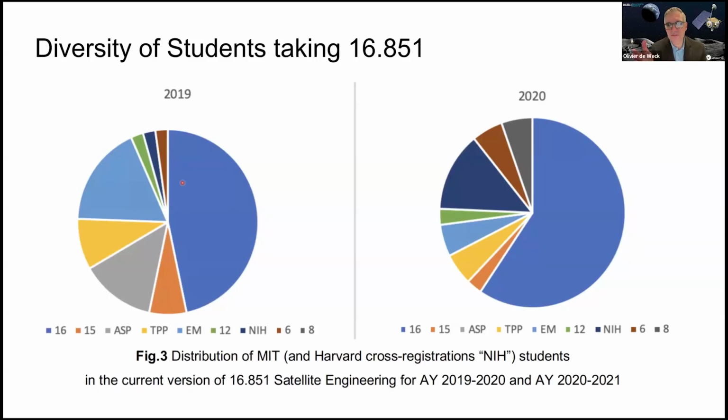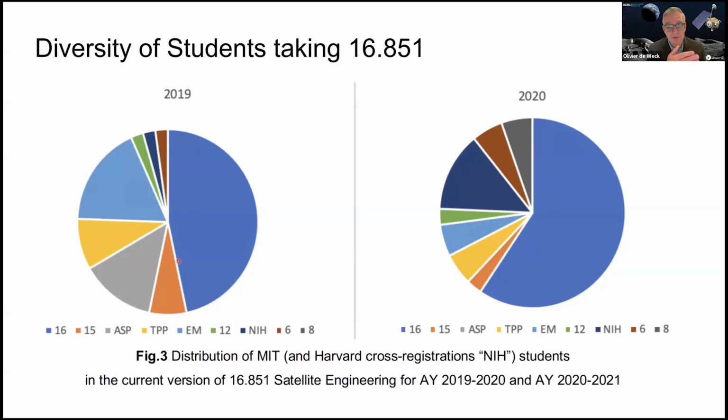But I would say 20 years ago, it would have been all blue, all AeroAstro. But now we have course 15. What is course 15? Does anybody know? Management. We have Sloan students actually coming over from the eastern part of campus to the western part of campus to learn about satellite design.